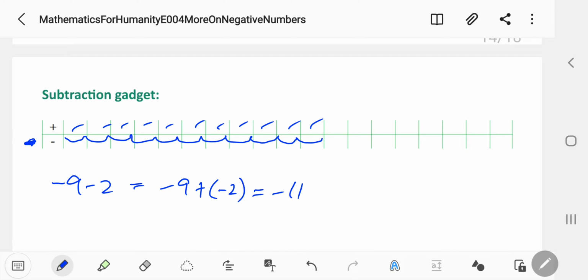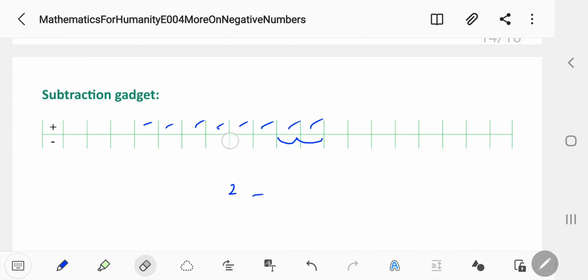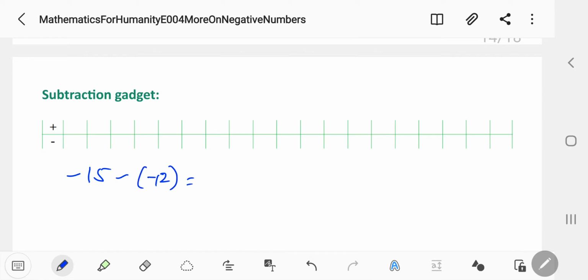We can also have negative 15 minus negative 12. This is equal to what? This is negative 15 plus 12, right? So we can write negative 15 first.